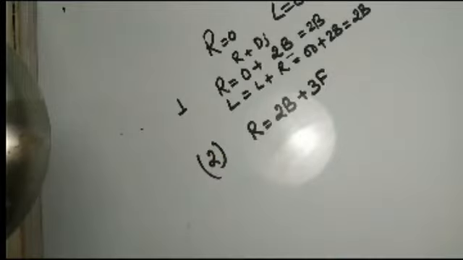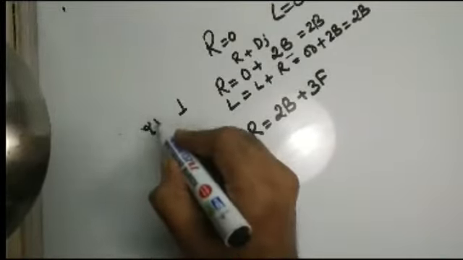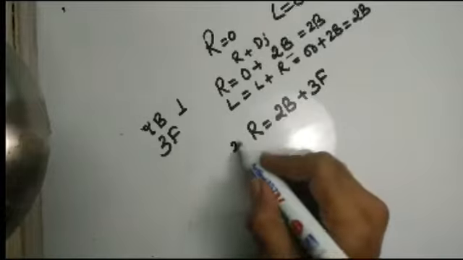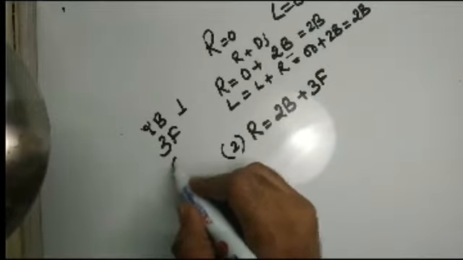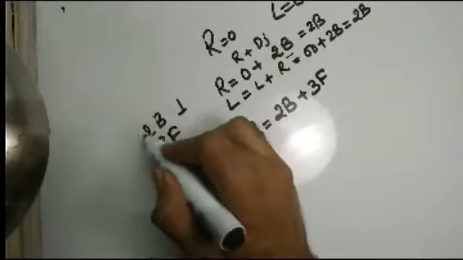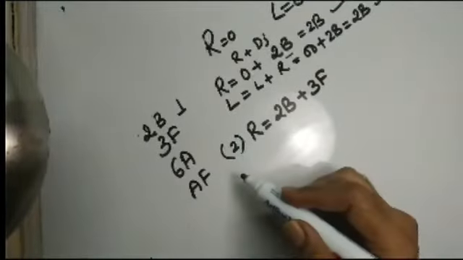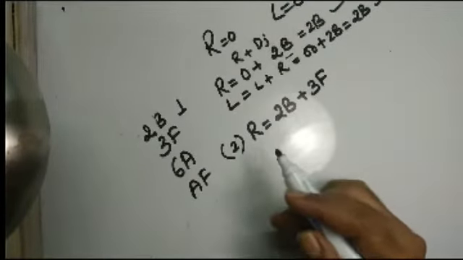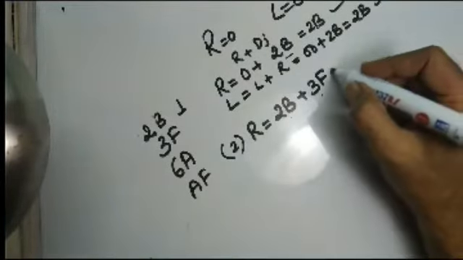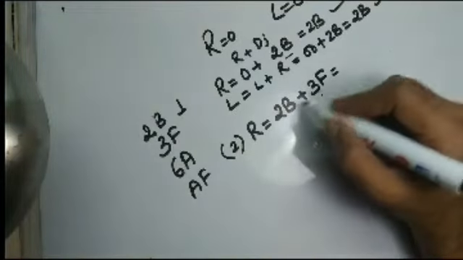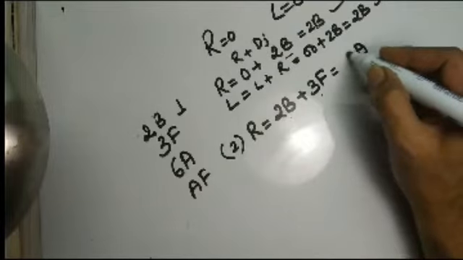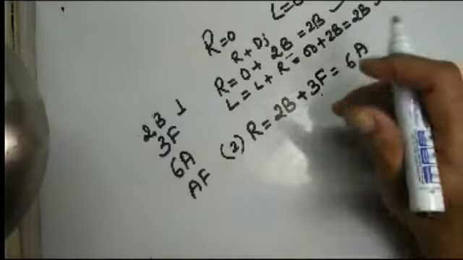My first data word is 2b, second is 3f, third data word is 6a, fourth one is AF. I started with 2b in the first iteration and calculated R and L values. In the second iteration, I am using 3f as the second data word that gets added to R. After performing addition, f plus b equals a, then one carry, it becomes 6a. So the R value is 6a.